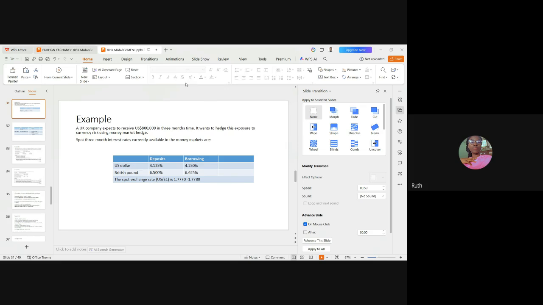That is 3 over 12 multiplied by 0.0425. And then we add it plus 1 and divide 800,000 by that amount. So our dollar amount now is 791,589.